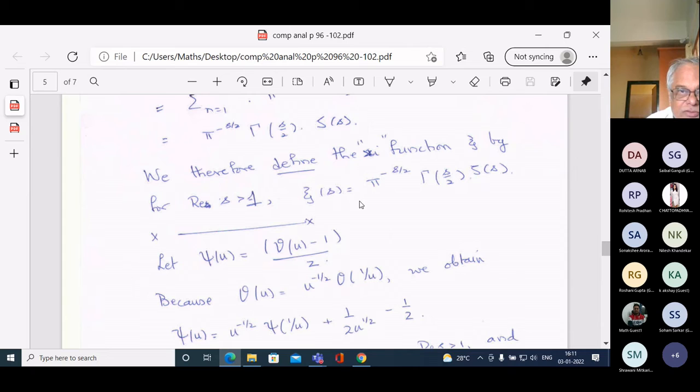This is the definition, and I'm telling you that psi of s is equal to psi of 1 minus s, then this means that zeta of s is equal to something into zeta of 1 minus s. So I'm relating zeta of s to zeta of 1 minus s with some factors before it.